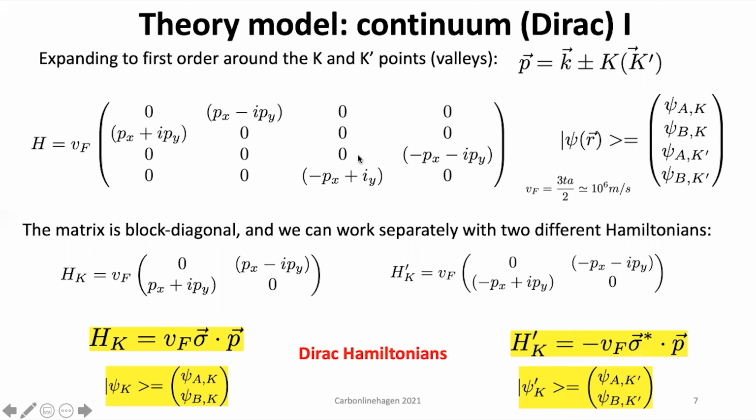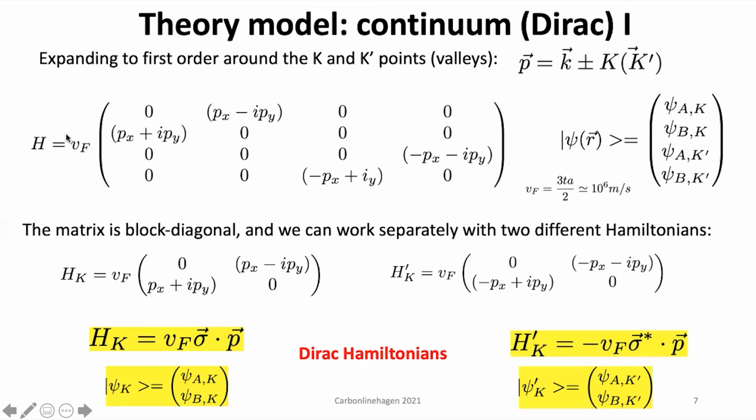If you notice, the structure of this Hamiltonian is block diagonal, meaning that it has upper and lower corners that are all zeros. So these two blocks don't mix, which is a way to represent the fact that the physics around these two cones are separated as long as we don't reach high energy processes.